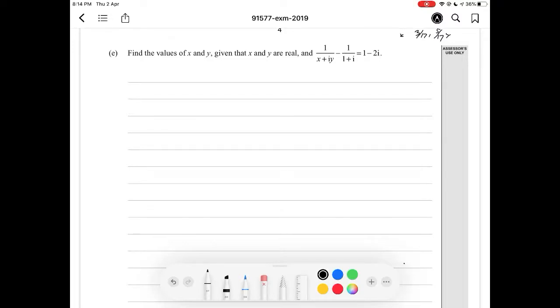If we look at 1 over x plus iy and multiply that by its conjugate, which is x minus iy, we will get x minus iy over x squared plus y squared. So this is equal to this.